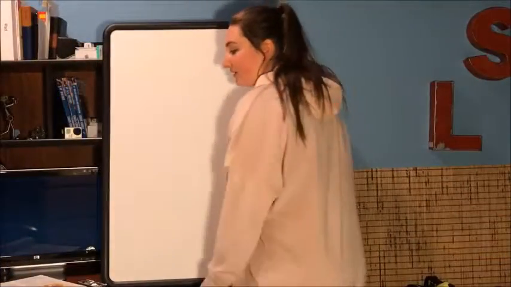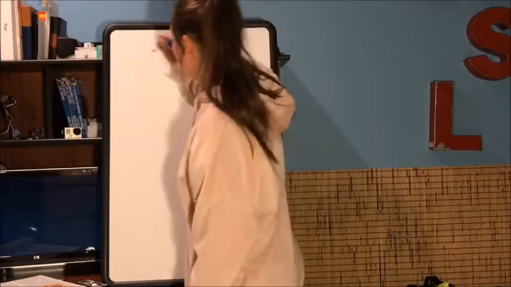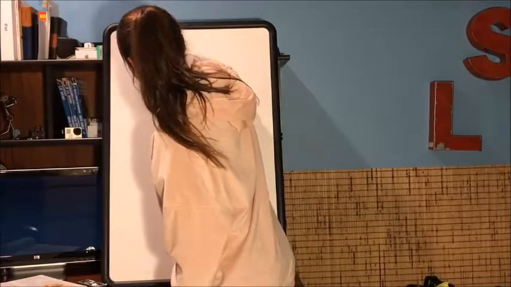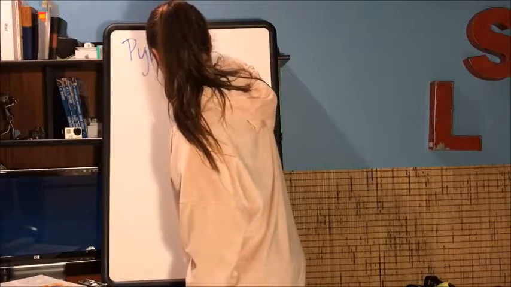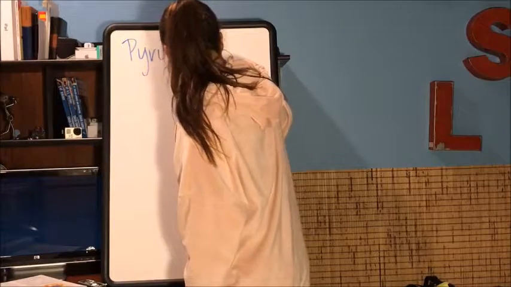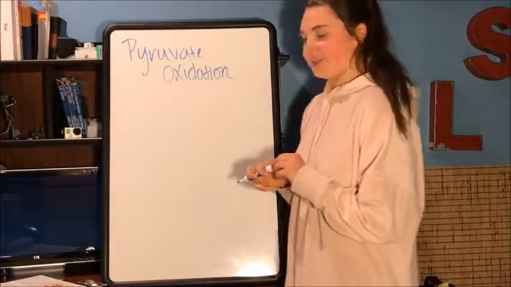So after glycolysis, it moves into the mitochondria, and you have pyruvate oxidation. Pretty much it's self-explanatory.